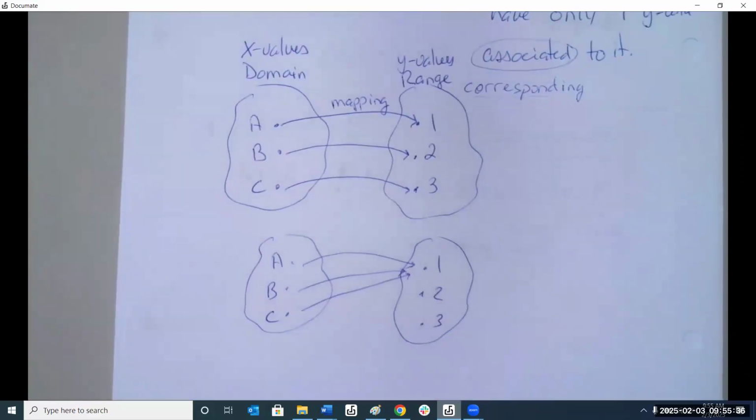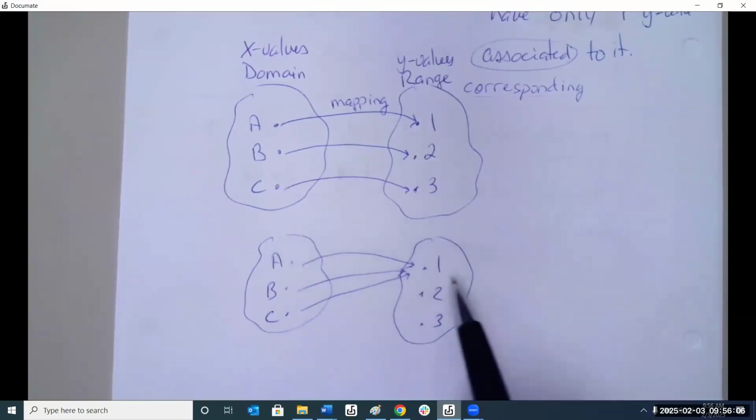Is that a correspondence? Is that a one-to-one correspondence? Yes, it is. Look what it said. One-to-one correspondence says what? Each X value corresponds to one and only one Y value. Are all the X values mapping to one and only one Y value? That could be the same one. Think of a classroom.